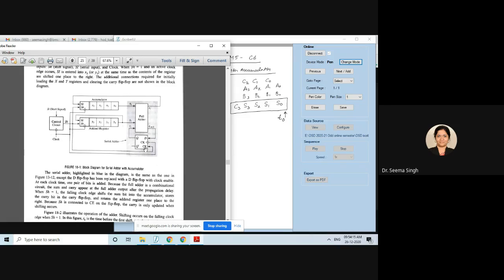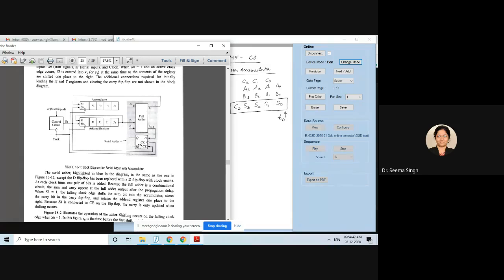CE is chip enable. And let us see from where the CE is coming. CE is coming from the same shift output signal. SH is shift. You can see the SH control, the shift control, is given by this control circuit to this shift register, and it is also going to the D flip flop chip enable.